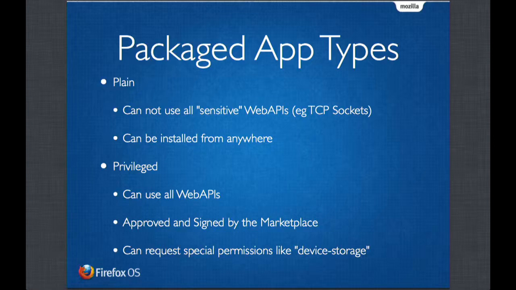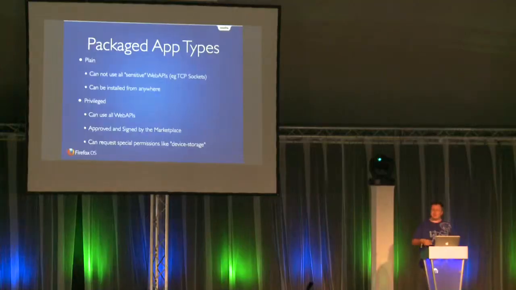And plain can be installed from anywhere, just like hosted apps, compared to privileged apps that need to be signed and go through our malware detection on the marketplace first before you can install them on your phone.